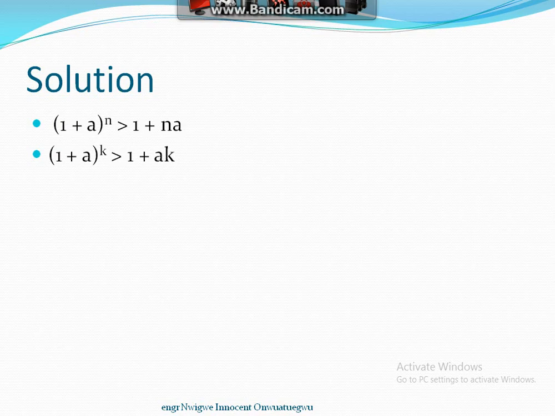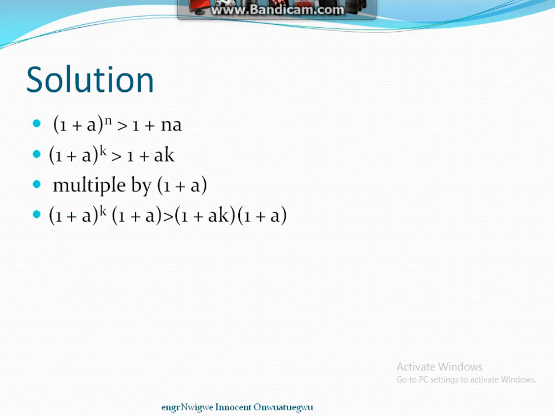Then we multiply by in bracket 1 plus a. We have in bracket 1 plus a raised to the power k times in bracket 1 plus a greater than in bracket 1 plus ak times 1 plus a.